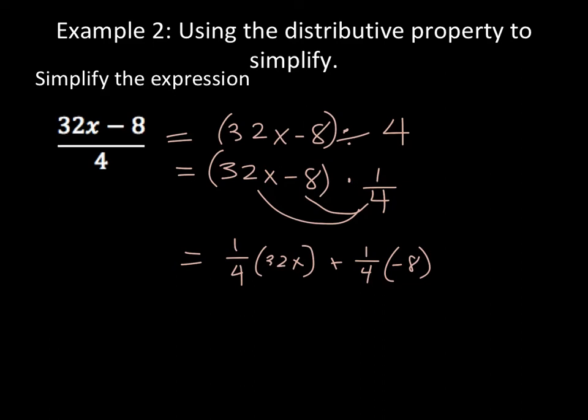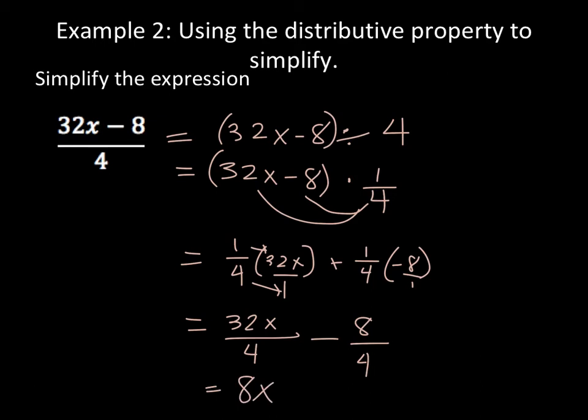When multiplying these, I'm going to imagine it as a fraction. 1 times 32x over, multiplying across, 4. For the next term, 1 over 4 times negative 8, I have a positive times a negative, so it becomes negative: 1 over 4 times negative 8 over 1. So 1 times 8 is 8 over 4. Simplifying 32 and 4, they're both divisible by 4. This becomes 8x. 8 over 4, you know, is 2.